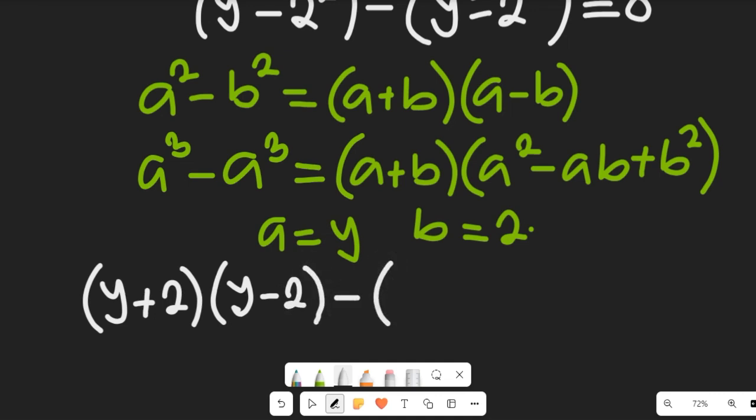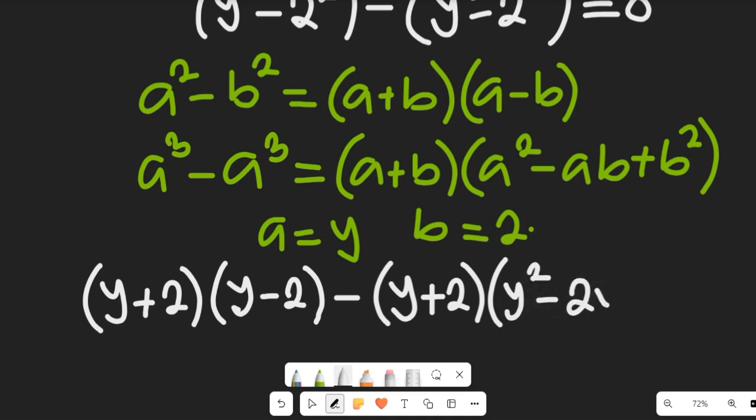The next one, we're going to have y minus 2, which comes first, and that will give us y squared plus 2y plus 2 squared. And all this will be equal to 0.